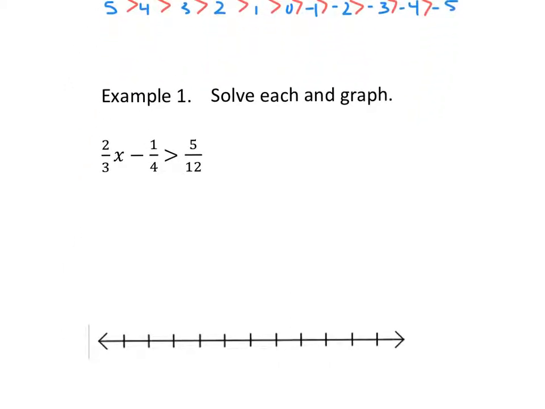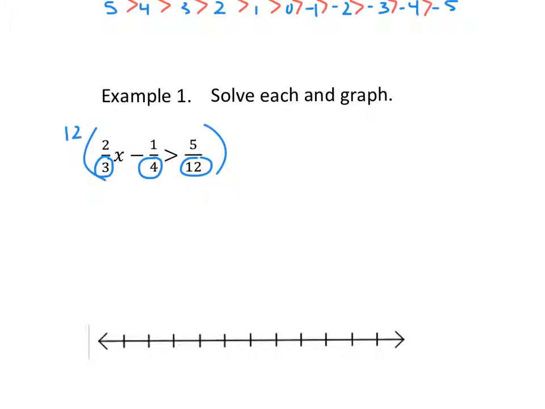So example 1, solve and graph. In this case, what I would do is get rid of fractions. So I have a 3, a 4, and a 12. In order to clear fractions, I'm going to multiply everything through by the least common multiple of 3, 4, and 12. So 3, 4, and 12 can all go into 12.